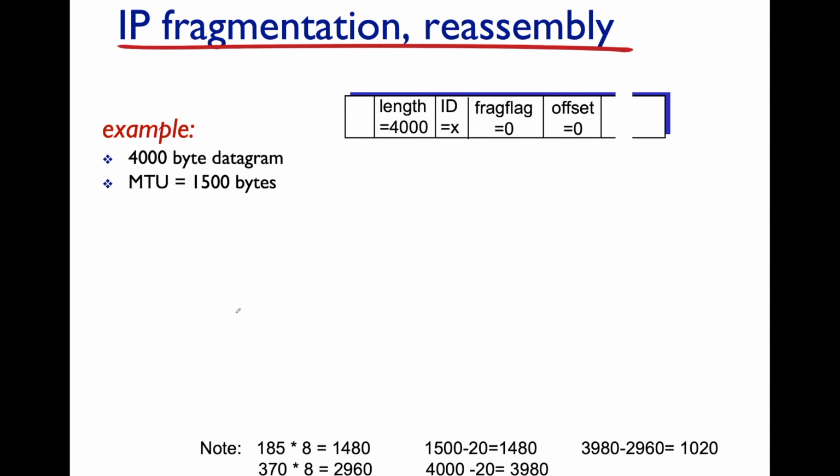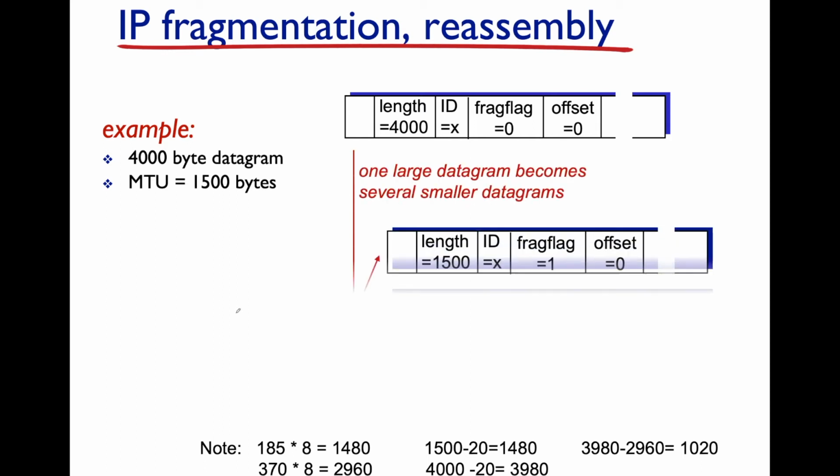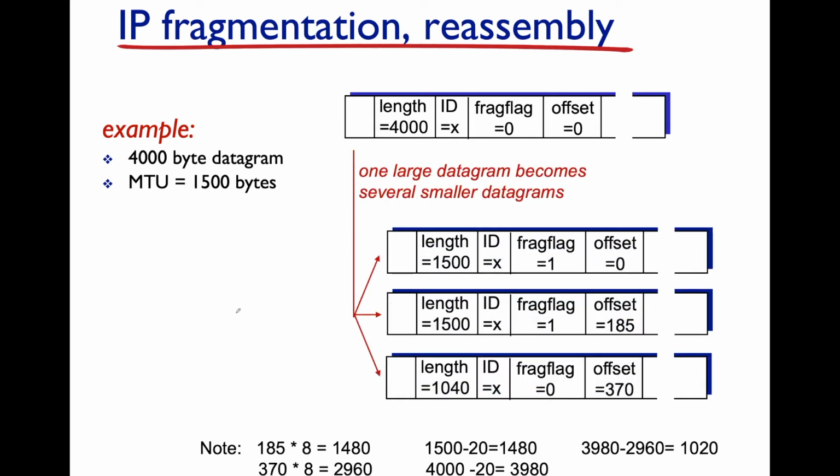relative to the original datagram payload. And so here, our big datagram is chopped up into 3 small ones, and these 3 small ones have an MTU, imagine, of 1,500 bytes. The length field is going to be 1,500, and then the last length field is 1040.